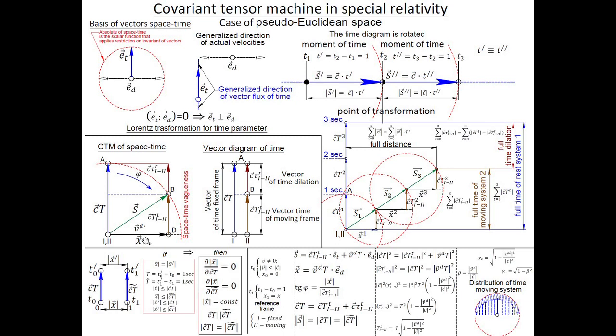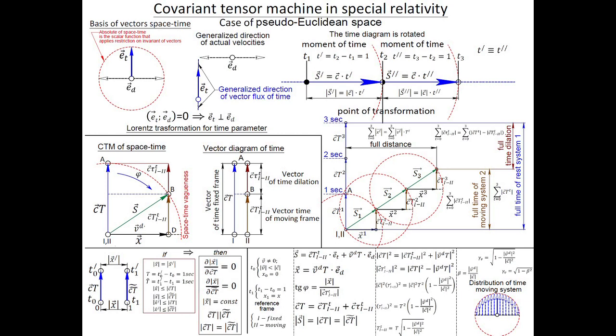The vectors of proper time, first and second, are collinear and have the same start point. The first is a rest reference frame relative to the second.